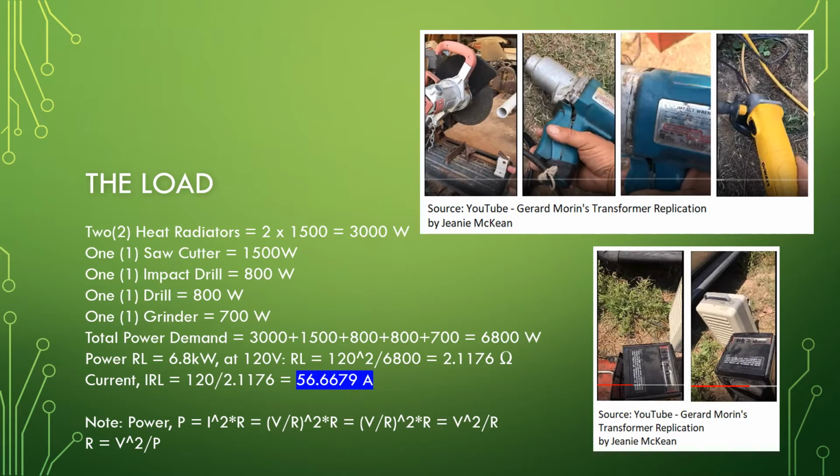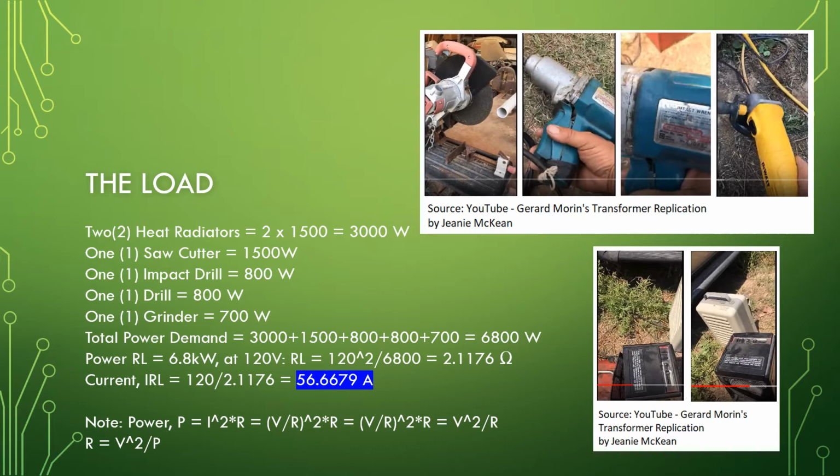Power RL equals 6.8 kilowatt at 120 volt. RL equals 120 squared divided by 6800 equals 2.1176 ohm.